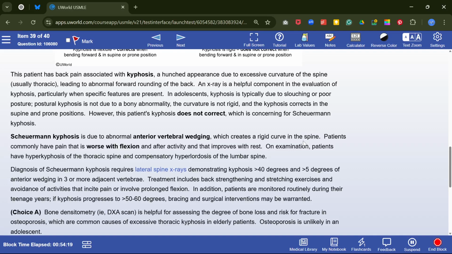Treatment includes back strengthening and stretching exercises, and avoidance of activities that incite pain or involve prolonged flexion. In addition, patients are monitored routinely during teenage years in case kyphosis progresses to more than 50 to 60 degrees.